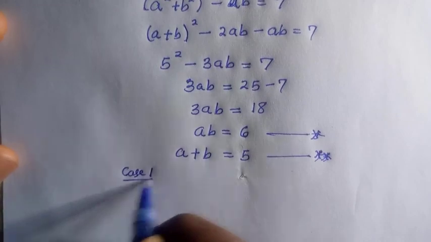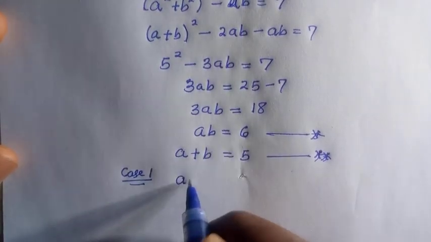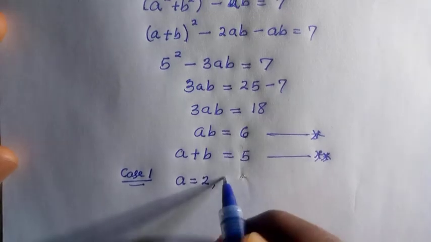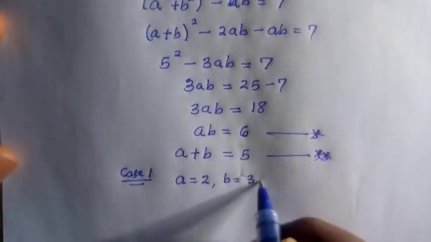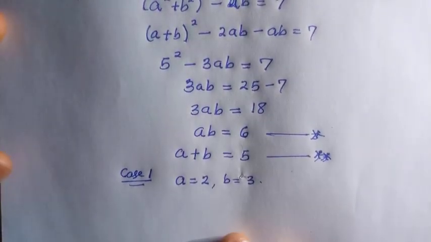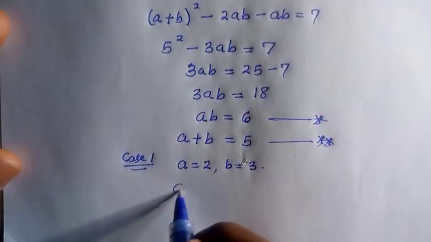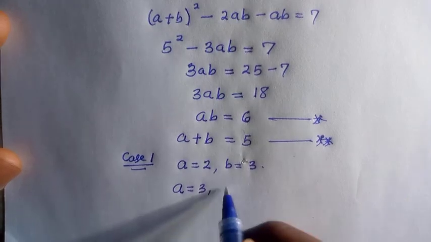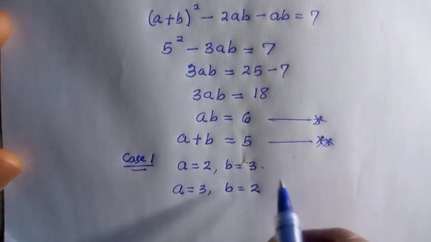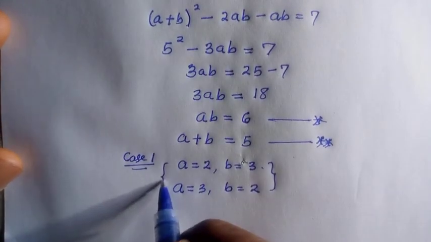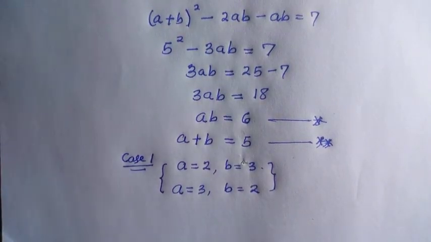Case 1, if a equals 2, definitely we are going to have b equals 3. And when we have a equals 3, we still have b equals 2. These are the two cases that we are going to have when we solve this equation.